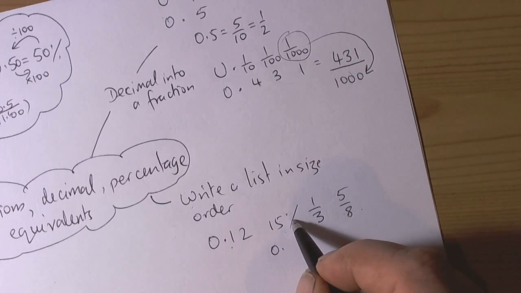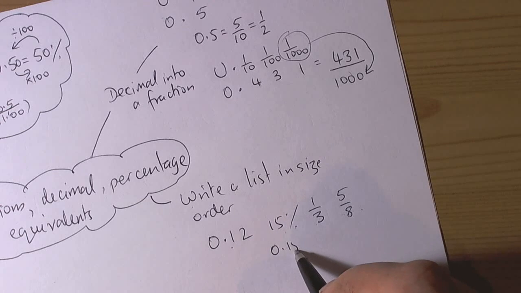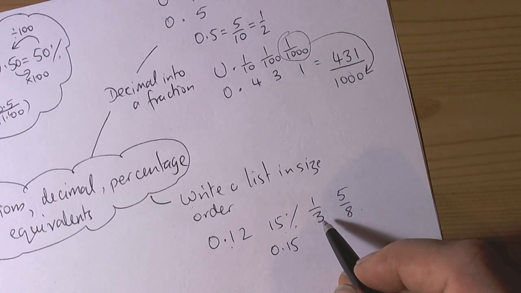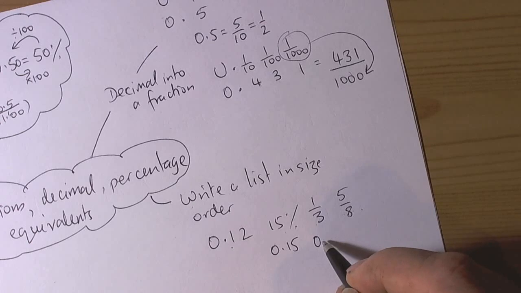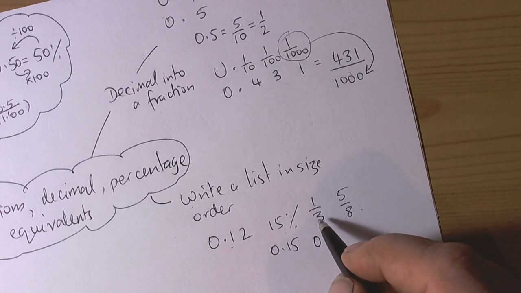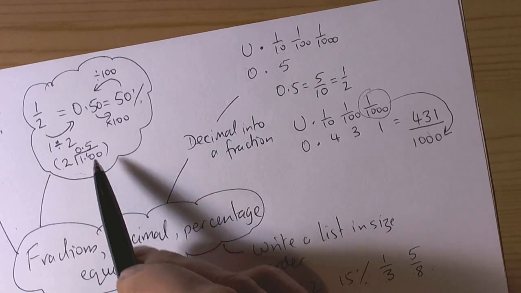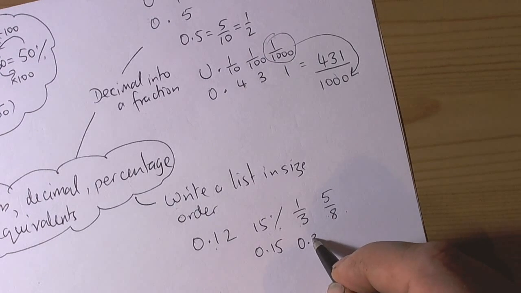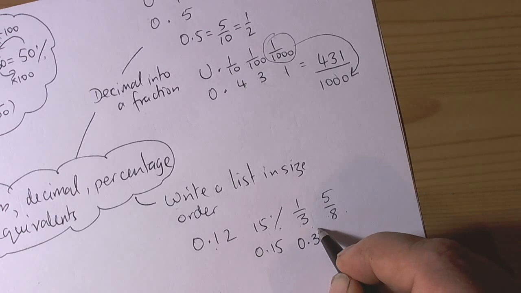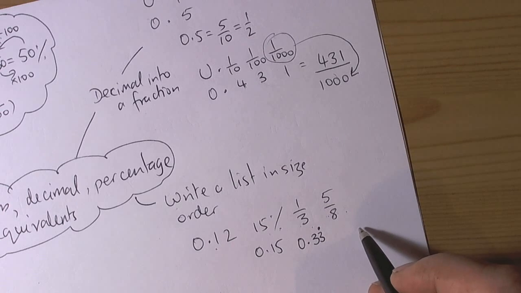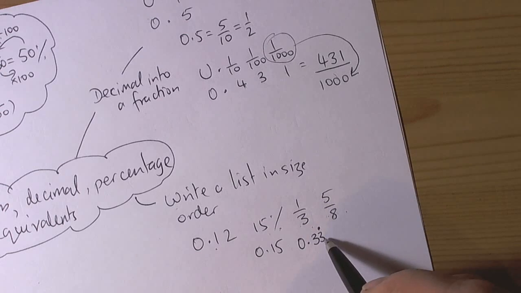So 15% we divide by 100, so 0.15. 1/3, it's one of those that we really ought to know. If we didn't, then again we could do the division method, 3's into 1, and then see what happens. But it's 0.33 recurring, so the 3 goes on forever. And it's really important that for a third you remember it goes on forever.